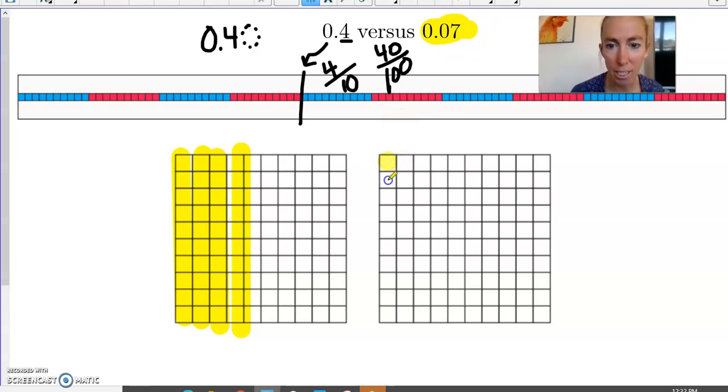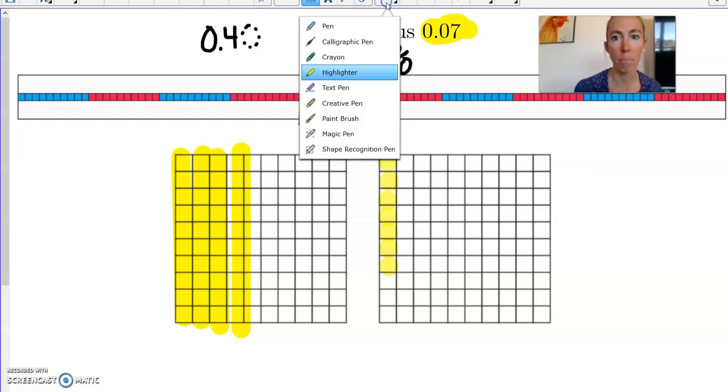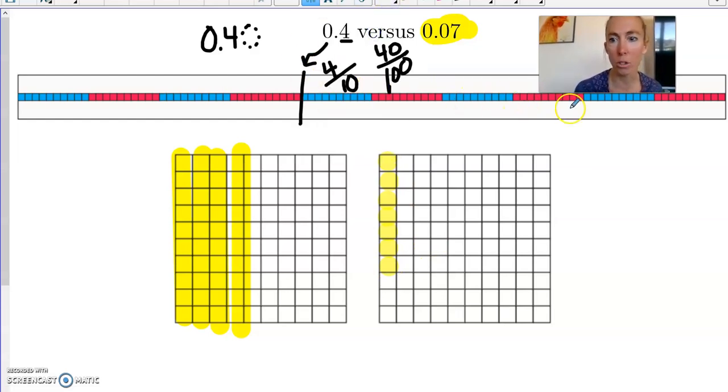This is 7 of the little guys. That's 7 cents. 1, 2, 3, 4, 5, 6, 7. That's all that is. So when I go to mark it on the number line, I'm not going to 70 hundredths. I'm going to 7 hundredths. 9, 8, 7. The 7 is in the hundredths spot, so this is actually worth 7 hundredths.